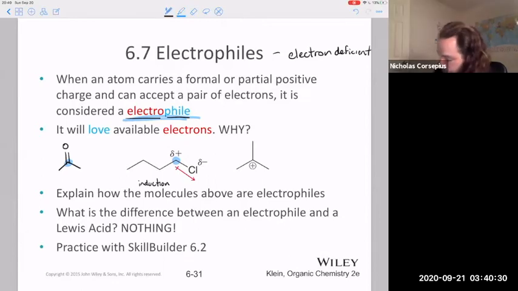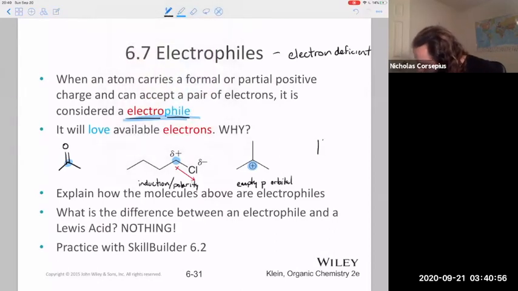Okay, so induction or polarity could lead to an electrophile, as well as a famous electrophile that we're going to see throughout this semester, the carbocation, because it has an empty p orbital. Right? The positive charge itself is kind of a giveaway that it would like electrons, but we have to be careful because something like a positively charged oxygen cannot accept a pair of electrons because that would violate its octet rule.